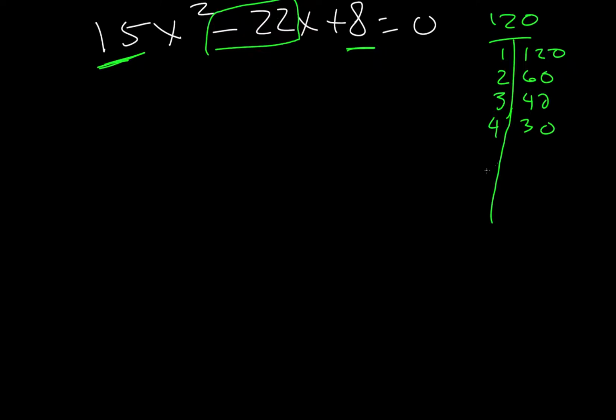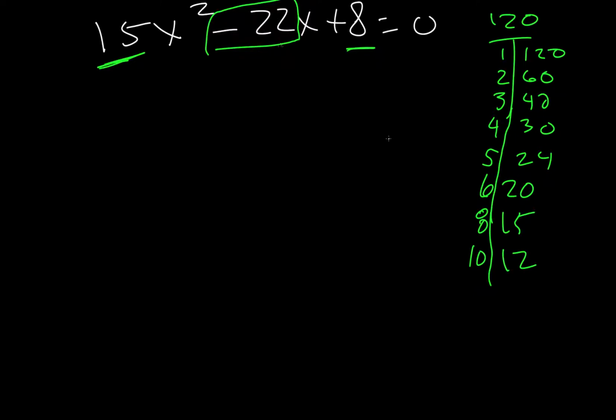We're not there yet. 5 times 24, that's not it yet. 6 times 20, that's not there yet. 7, I don't think will work. 8 times 15 works though, but that doesn't quite add up to what we want. 9, I don't think is going to work. 10 and 12.